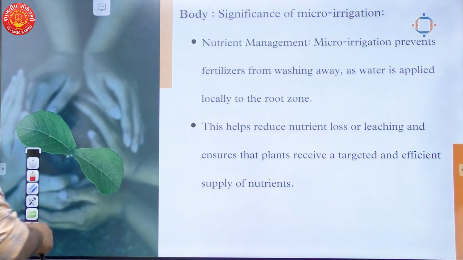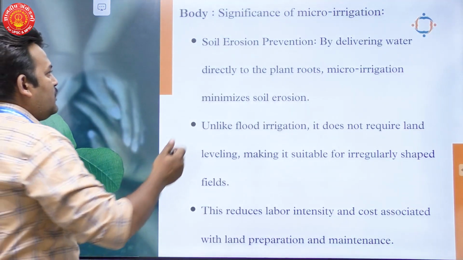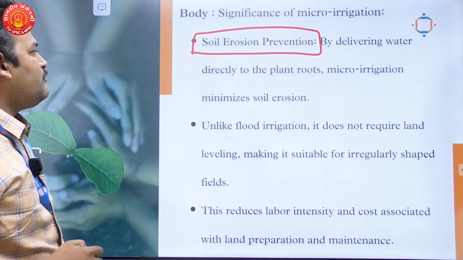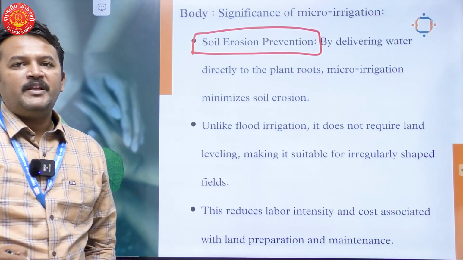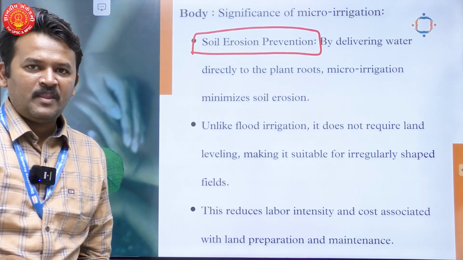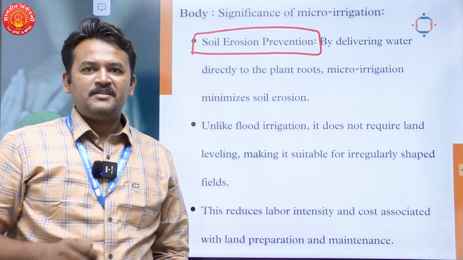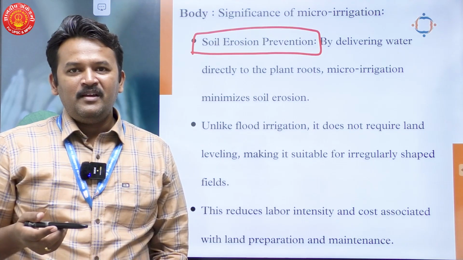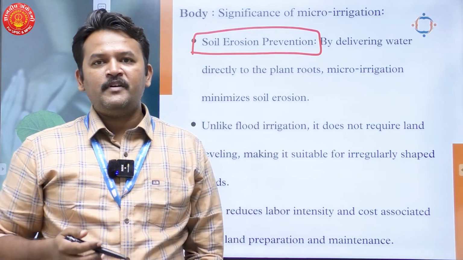After that, the next important thing is soil erosion prevention. By delivering water directly to the plant roots, micro irrigation also minimizes soil erosion. Flood irrigation uses a larger amount of water, and there we observe runoff as well.